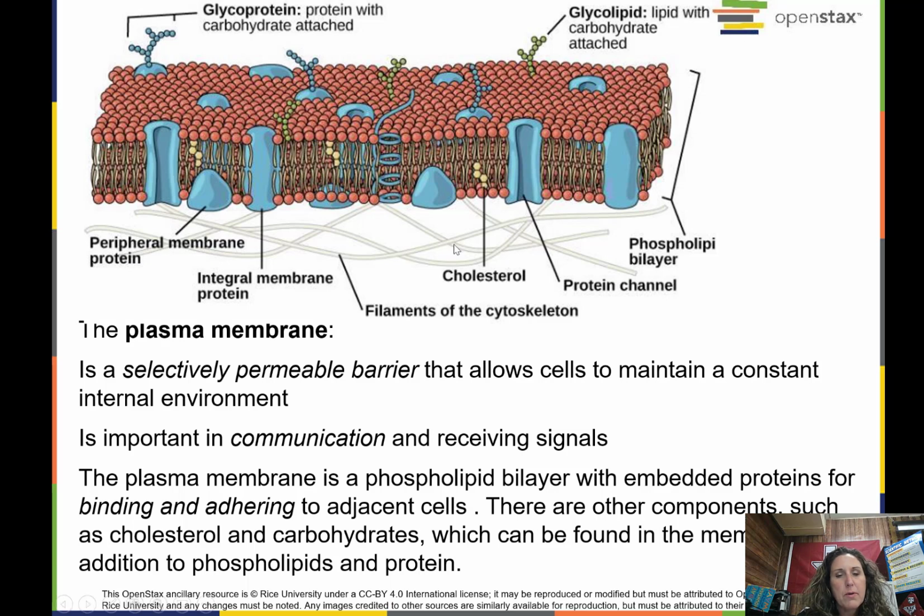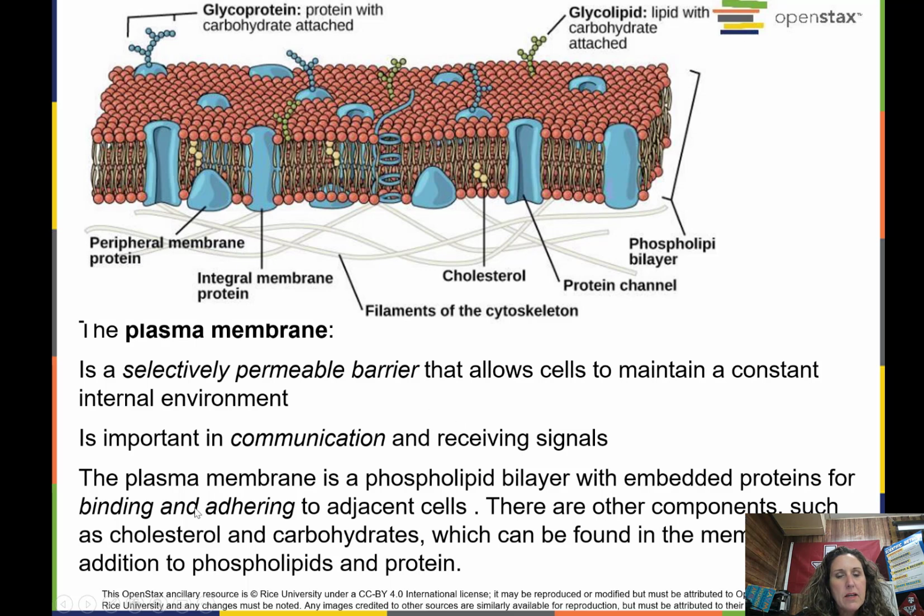It is selectively permeable. That means it only allows things in that it wants to allow in, and it basically keeps outside things outside and inside things inside. It has some glycoproteins and glycolipids for communication. It has some proteins in it.